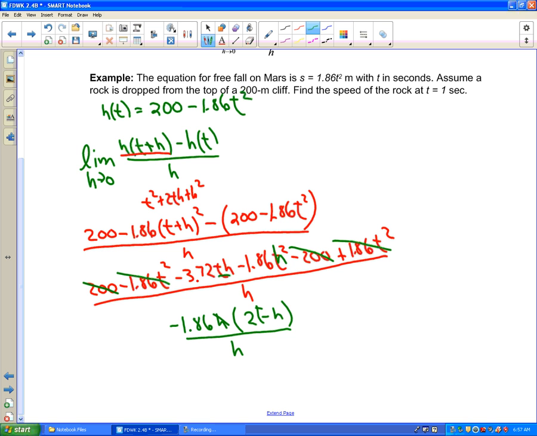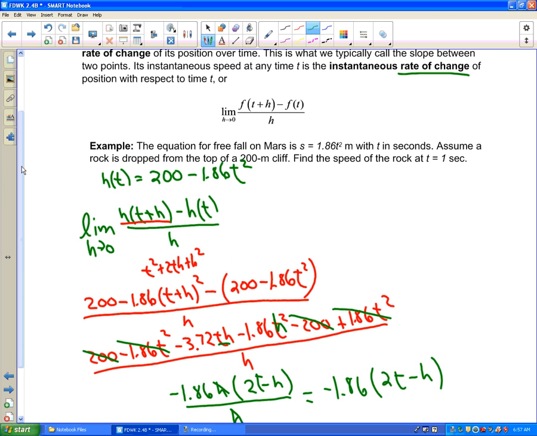So the h factors will reduce in our expression. Let's keep it as it is: negative 1.86 times 2t minus h. Let's go back up to where we had our limit. Right here. And so now we're really looking at the limit as h approaches 0 of negative 1.86 times 2t minus h.